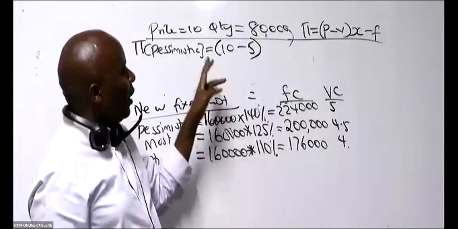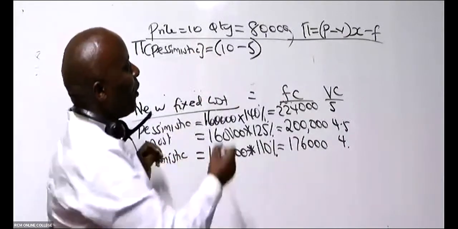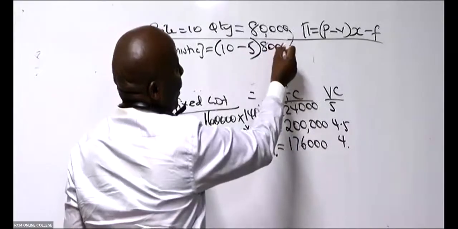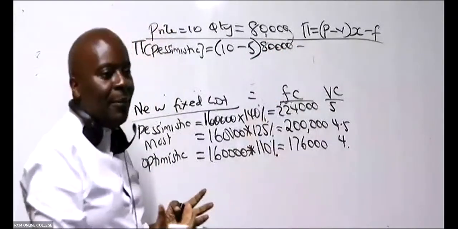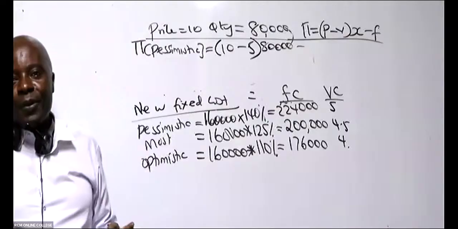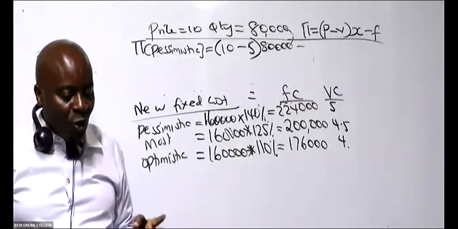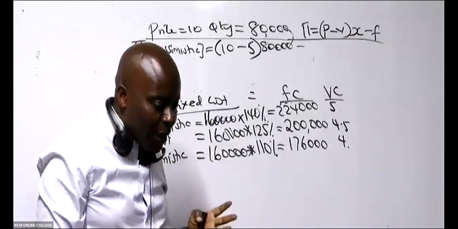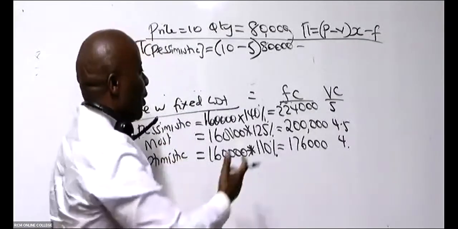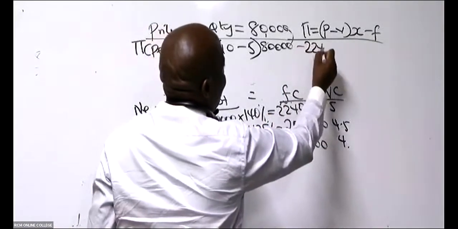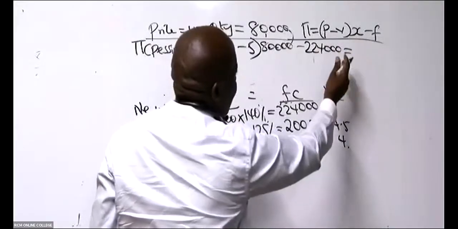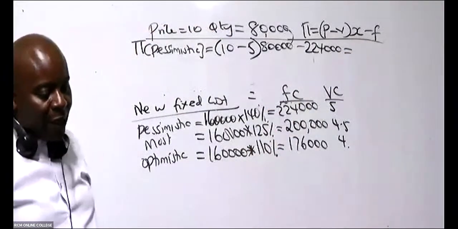You have said, if we charge a price of 10, the quantity will remain at what here, somebody? 80,000. Do we know the pessimistic fixed costs? Anybody who is able to see the pessimistic fixed cost? The online guys are not seeing it. Pessimistic fixed cost is 224,000.